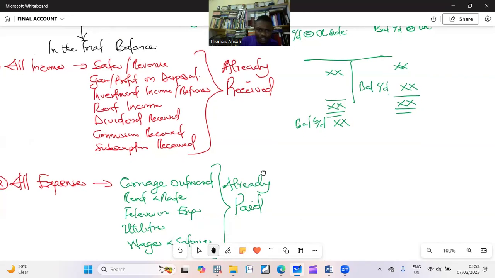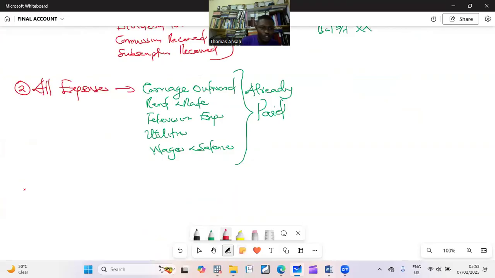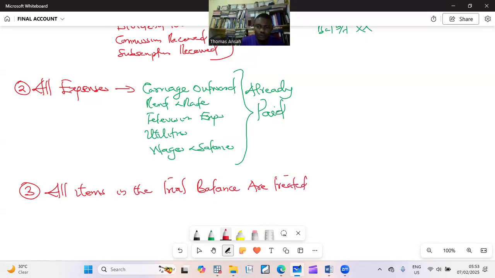The last thing that I will tell you about the trial balance is that when you are preparing a financial statement, all the items in the trial balance are treated once. All items, whether expenses, whether income, whatever, are treated once.